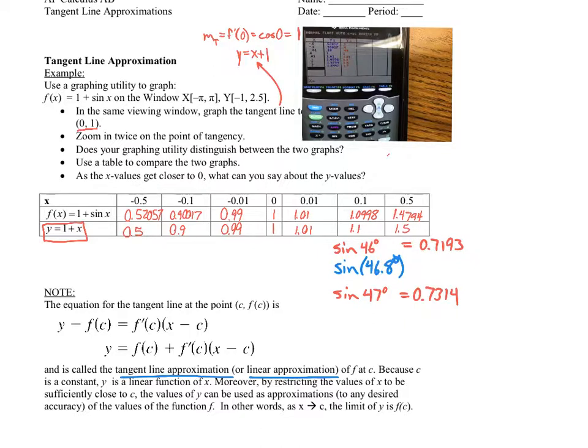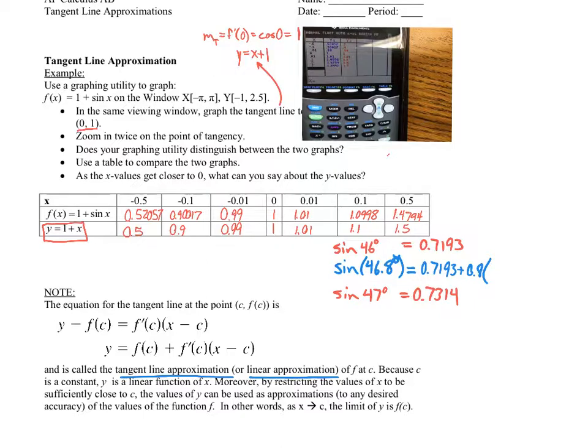Okay? So, we could then say, well, I see that sine is increasing from 46 to 47. So it's going to be that 0.7193 plus something, right? Well, then what we would do is say, I want 46.8. So I want 8/10 of the difference between those two values, 8/10 of the distance between those.